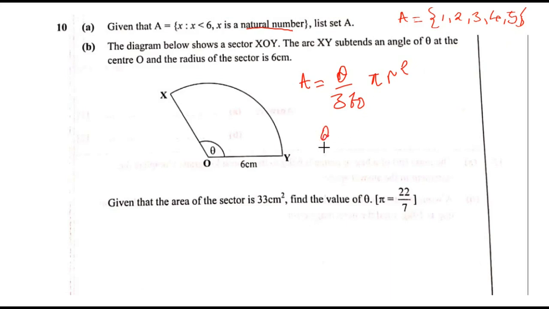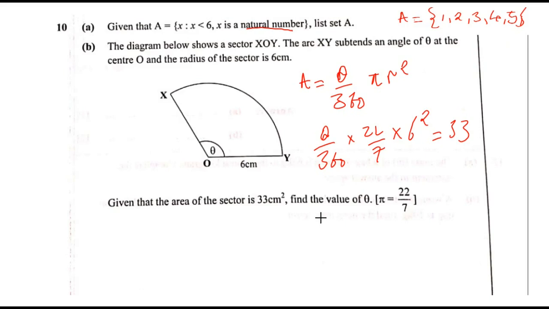So basically what we're saying is theta over 360 times pi being 22/7 times the radius being 6 squared. The radius is 6, then we square it, and all of this gives us 33. So what do we get?